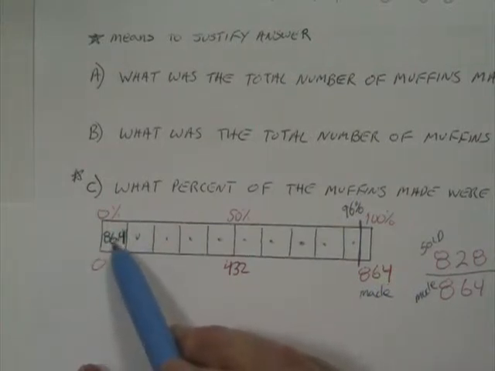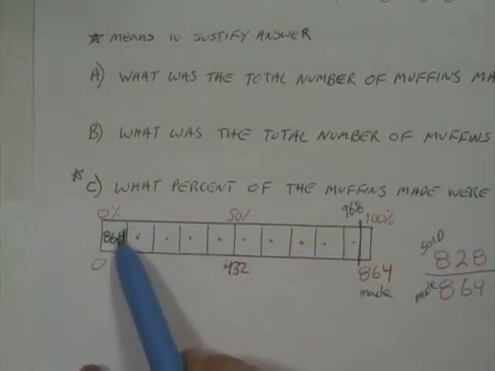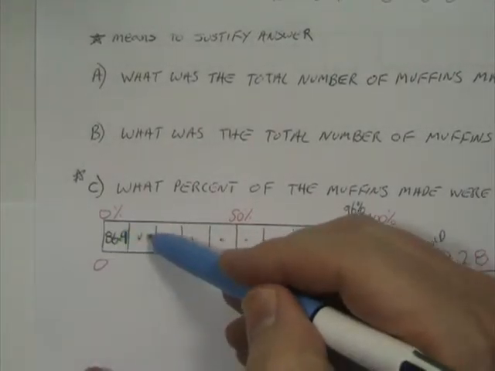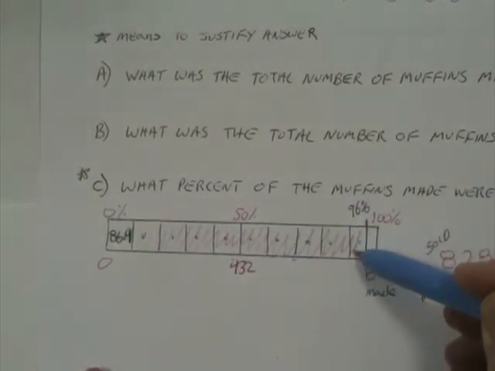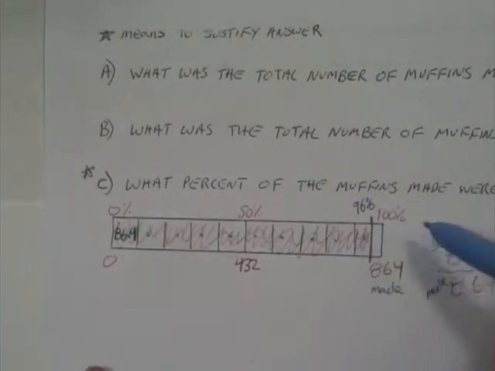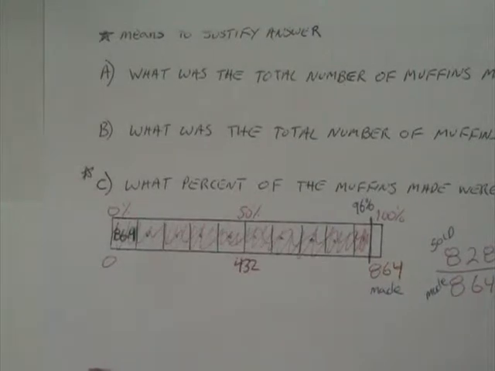I just wrote in there one time, 86.4, and then put dot, dot, dot, because each one of these is 86.4. And so what we're talking about, 96%, that would be all of this right here. That would be 96% of this total. Okay, so again, the answer was 96%.